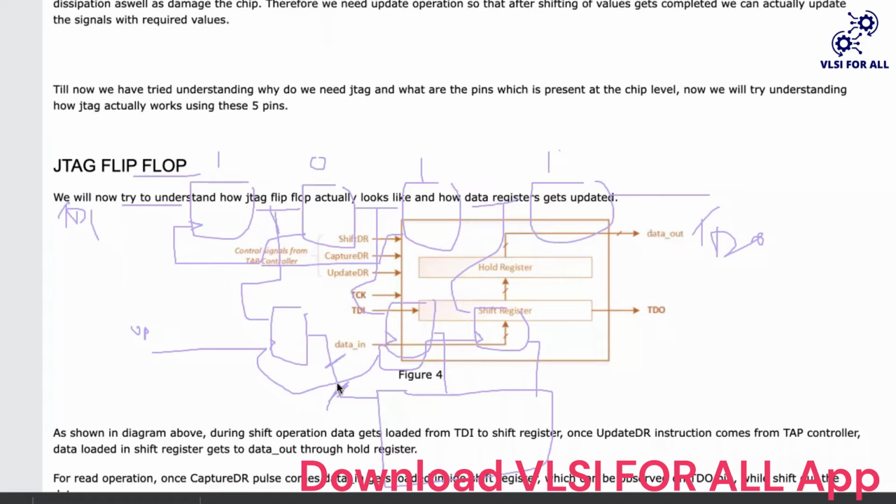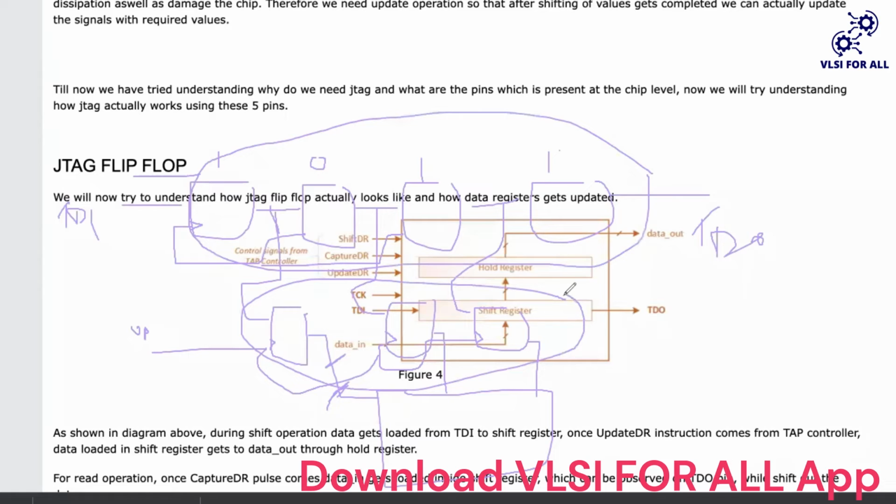Yes, sir. Basically, it consists of some flip-flops. That's why it is storing that value on the bus. So actually it consists of two components: one is the shift register and one is the update DR flops. And after the shift completes, you will update it and it will come to this one. Serially, you need to observe this onto this chain, no?